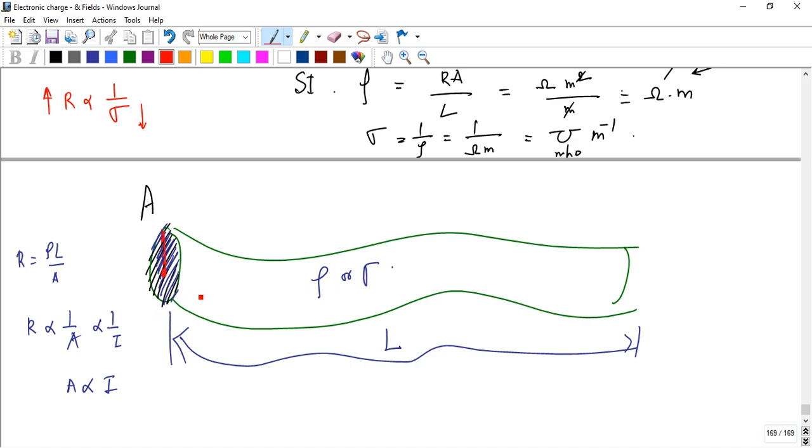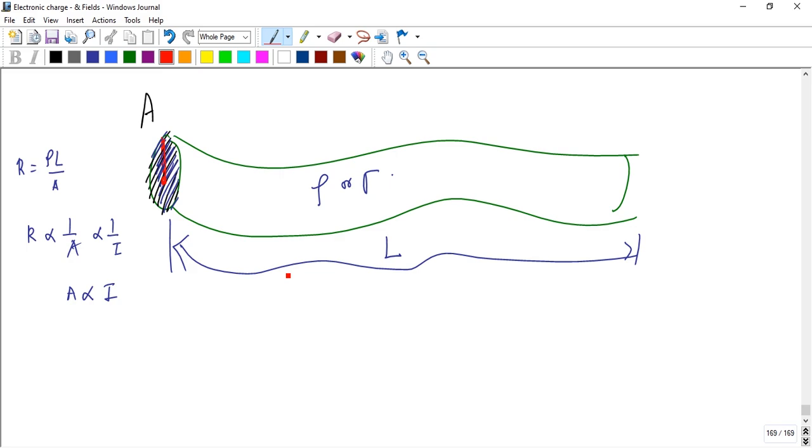Clear? Now we discuss another concept, current density, which we discussed in the previous class. Current density is a vector quantity, J represents the current density.